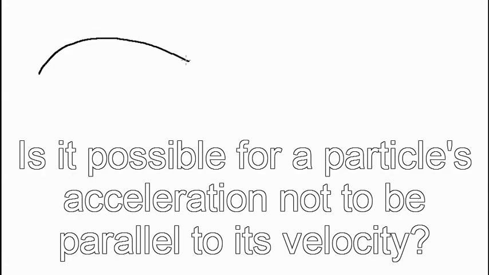We all know that if the path of a particle is like this, then the velocity vector is necessarily in the tangential direction. For example, when the particle is over here, the arrow shown is pointing in the direction of the velocity vector.